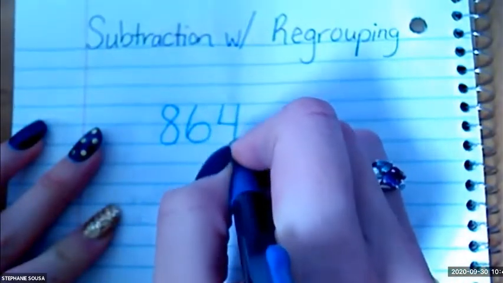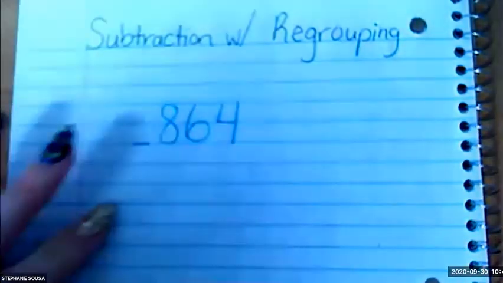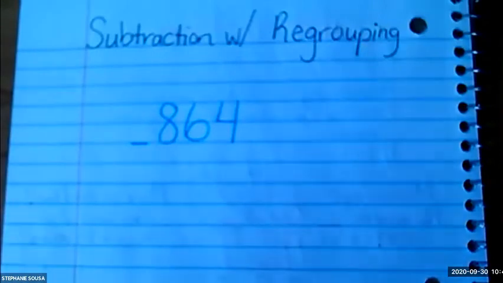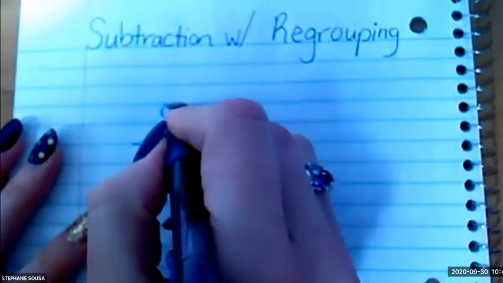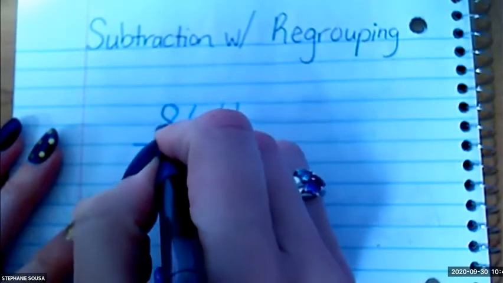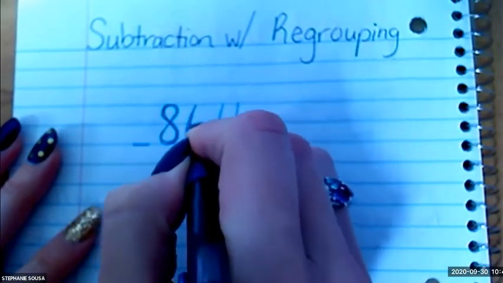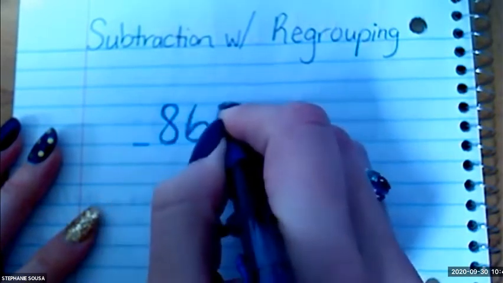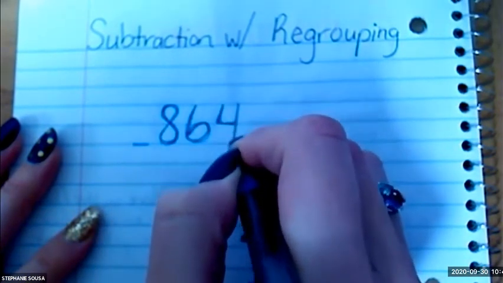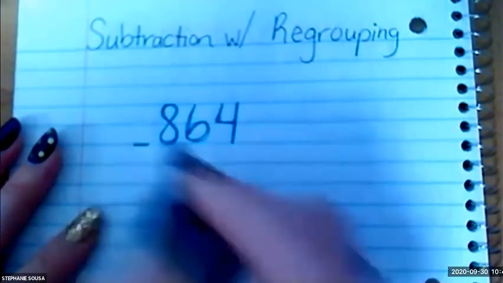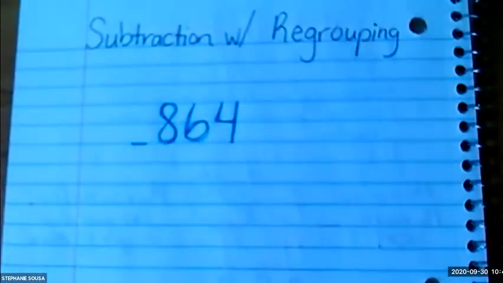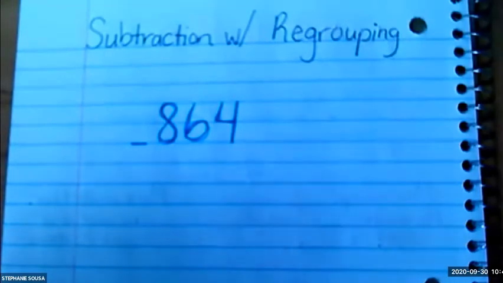864. Got our even numbers. 864. That's kind of hard to see. I'll make that a darker blue. 864. It's going to be our minuend, which is the vocabulary term for the number on the top of a subtraction problem. 864.